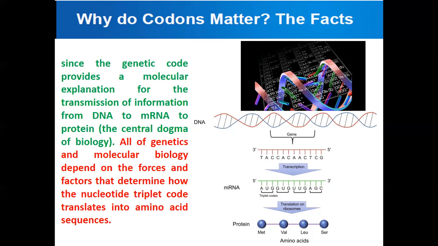So four DNA bases can make 64 codons, and 64 codons code for the 20 different amino acids.